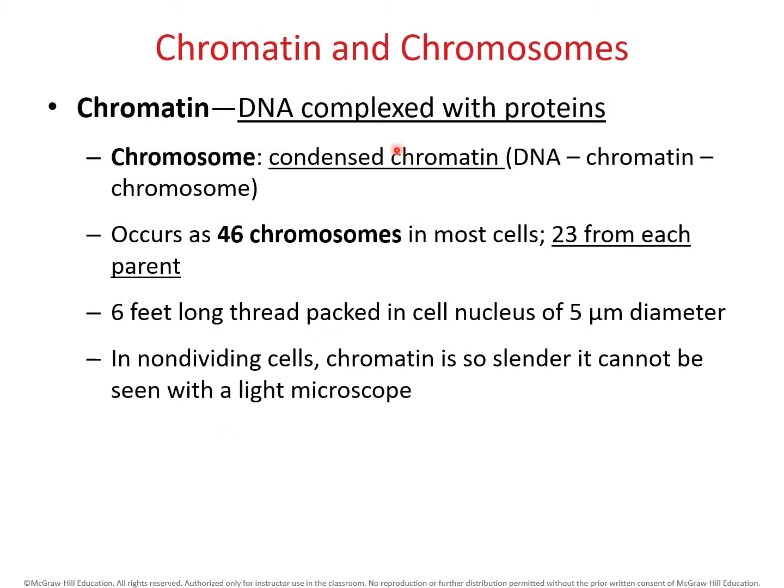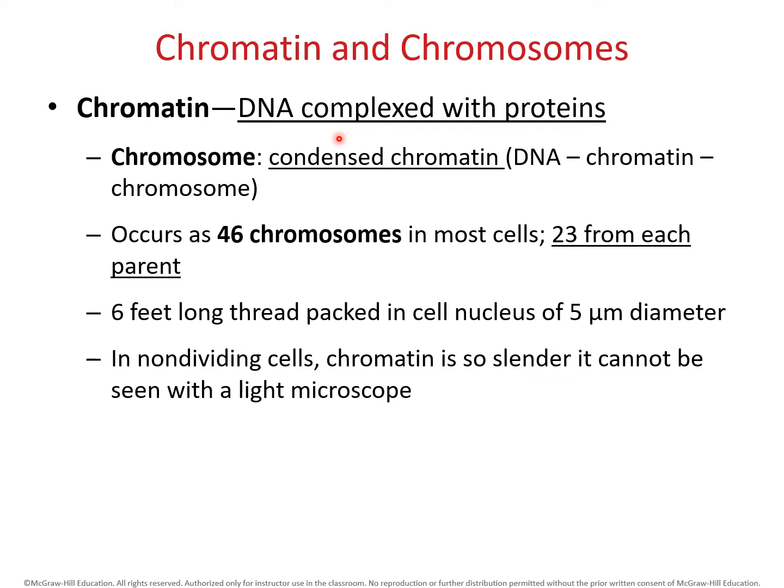All right, so chromatin and chromosomes. What is chromatin? Chromatin is basically condensed DNA. Remember I mentioned that DNA resides in the nucleus, but I also said that DNA is a really long molecule. So how do you fit such a long molecule into such an extremely tiny space, the nucleus?